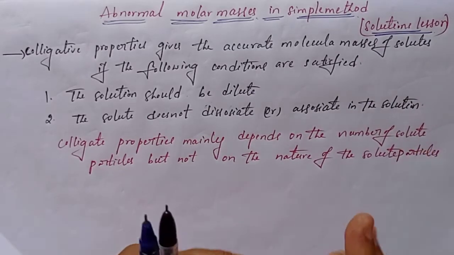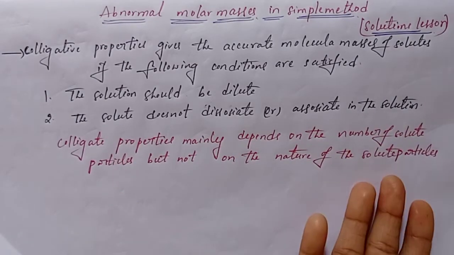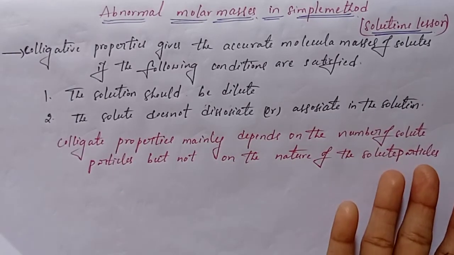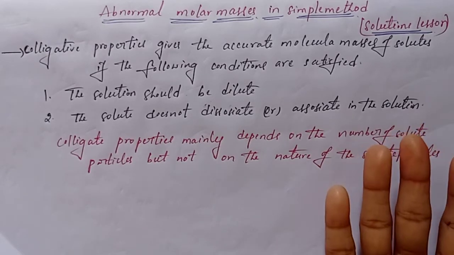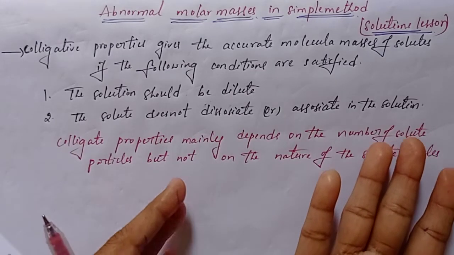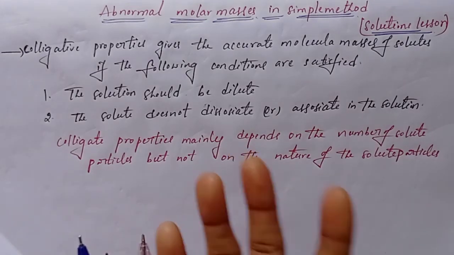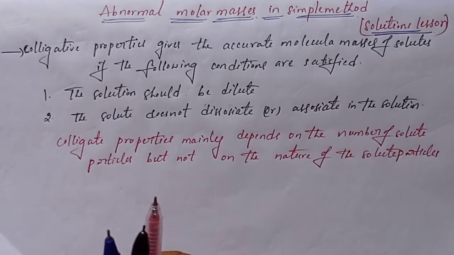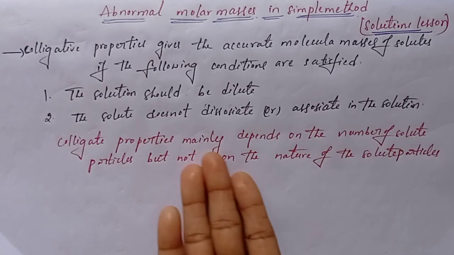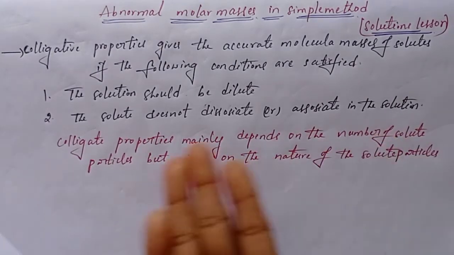So colligative properties mainly depend on the number of solute particles but not on the nature of the solute particles. That means here the solute does not dissociate or associate in the solution. If the solute undergoes dissociation or association, what will happen? The number of solute particles changes, and automatically the colligative properties also change, because they mainly depend on the number of solute particles.